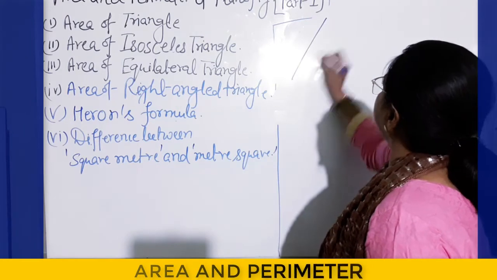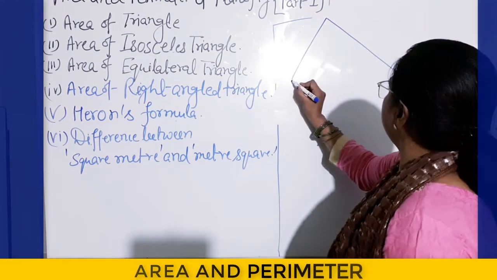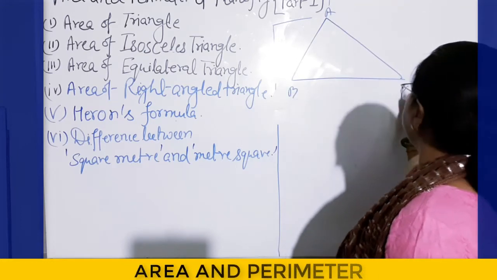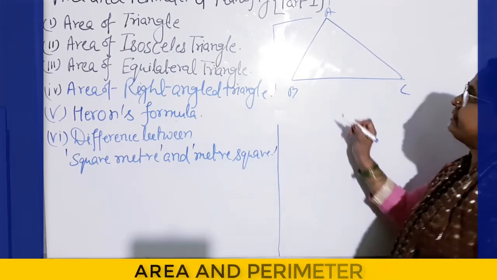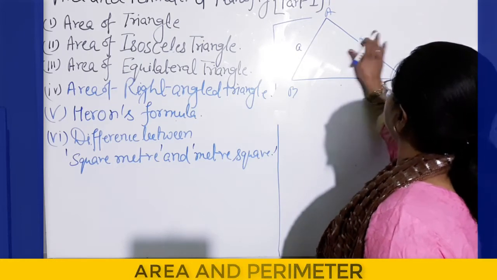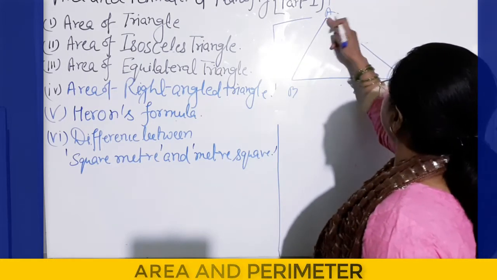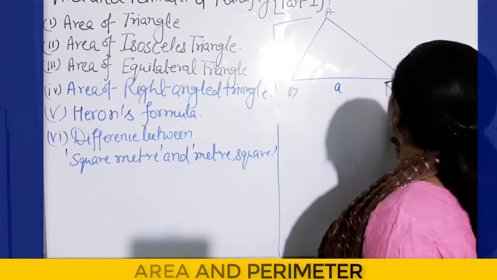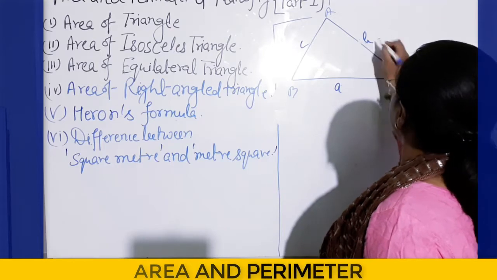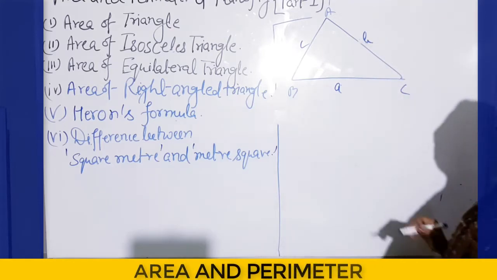Any type of triangle, obtuse, acute, any type of triangle ABC. Suppose their sides are given a, b, c. Generally, the side in front of A is taken a, in front of C it is c, and in front of B it is b.